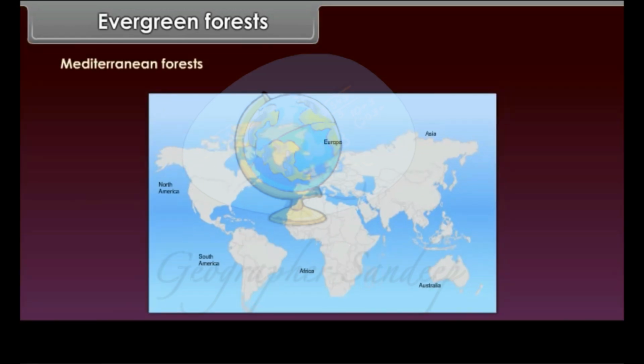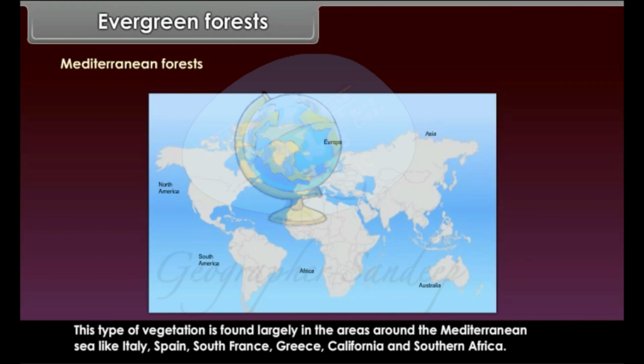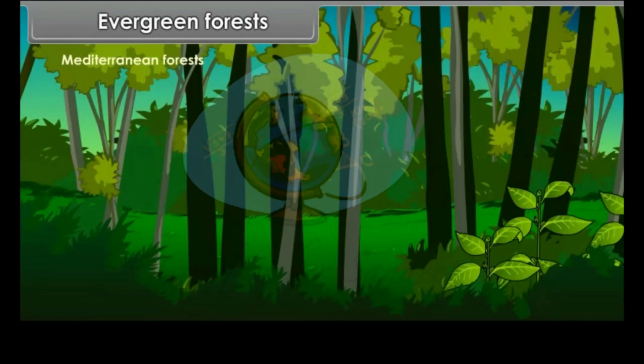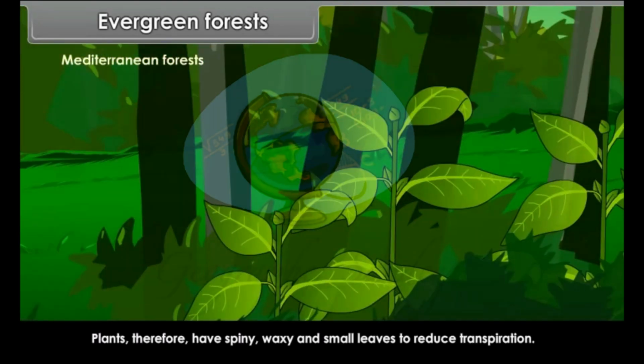Mediterranean forests. This type of vegetation is found largely in the areas around the Mediterranean Sea, like Italy, Spain, South France, Greece, California, and Southern Africa. Trees are adapted to seasonal changes in temperature. They withstand the dry summer without shedding their leaves. Plants therefore have spiny, waxy, and small leaves to reduce transpiration.